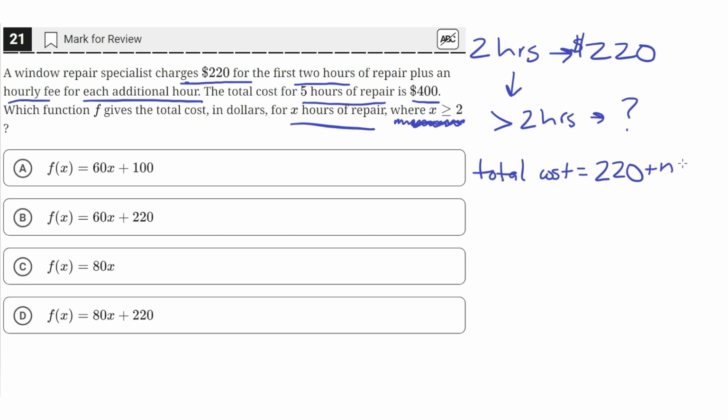We can represent that by n times (x minus 2), where x is the number of hours, and x minus 2 will give us the total number of hours spent on the repair job after the first 2 hours. Since we're subtracting 2 from the total number of hours, this will give us how many hours we are being charged the hourly fee for. So n will be the hourly fee.